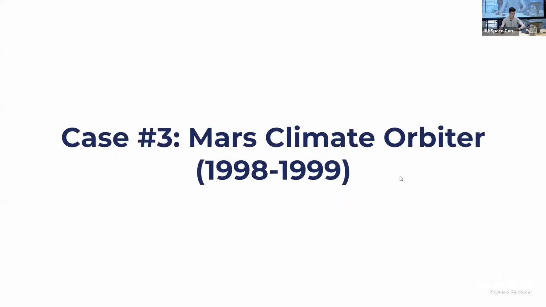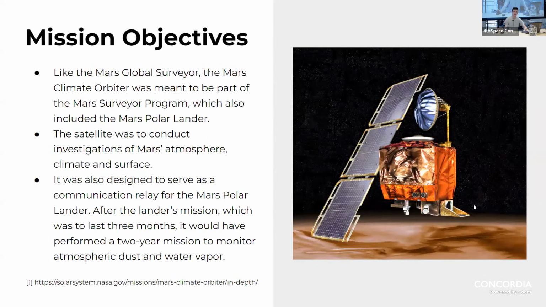And then the last example that I have to show is the Mars Climate Orbiter. This satellite was part of the same type of mission as the previous one. It was originally meant to be the Mars Global Surveyor, the Mars Climate Orbiter, and then a Mars rover, all sent at approximately the same time.